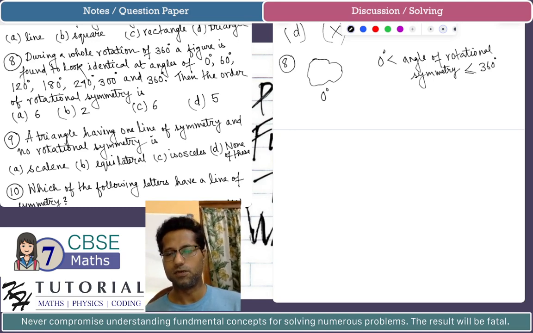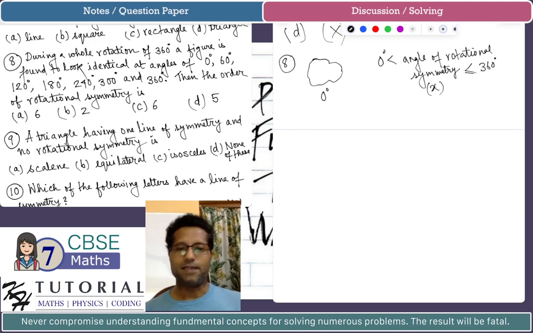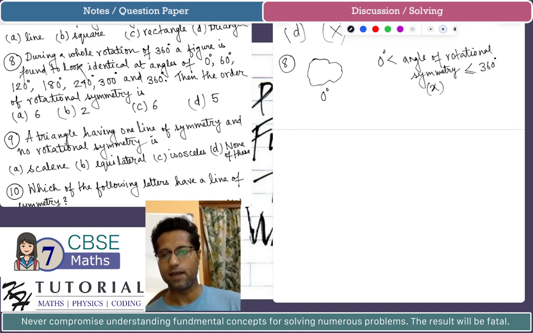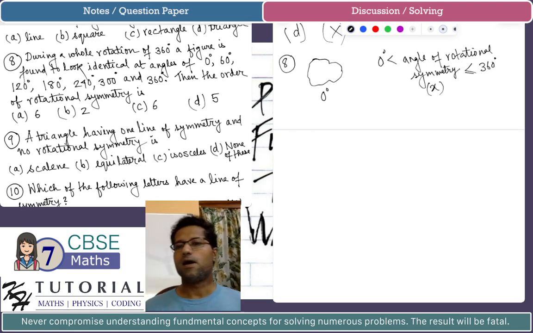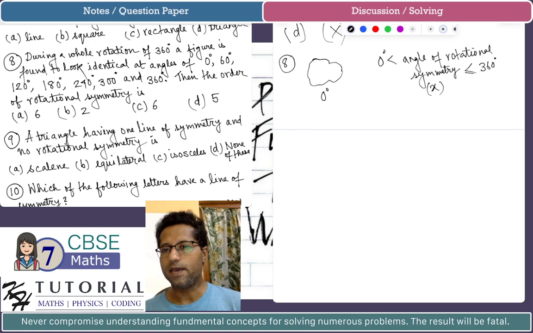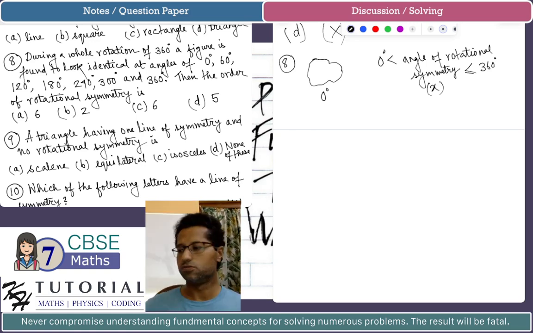Now from that position, if you rotate the figure either clockwise or anti-clockwise by some angle x, and at that angle x the figure looks identical to the figure at 0 degree angle, then x is said to be an angle of rotational symmetry, and x will always be greater than 0 degree and less than or equal to 360 degree.